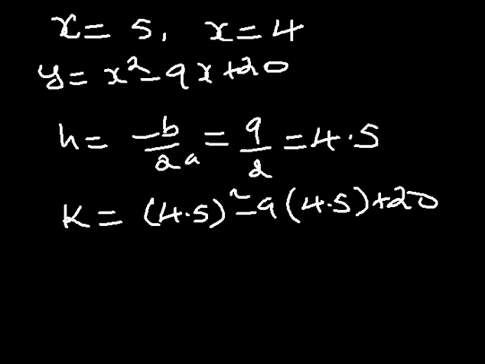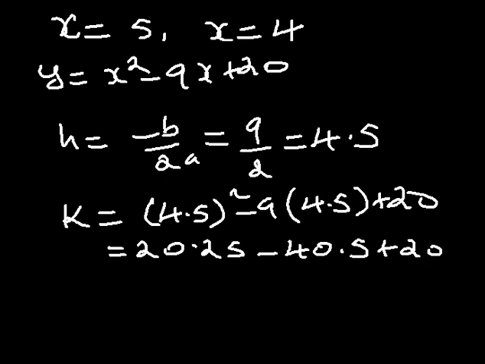Now what is 4.5 to the power 2? 4.5 squared is 20.25, and 9 times 4.5 gives minus 40.5, and plus 20 in that way.